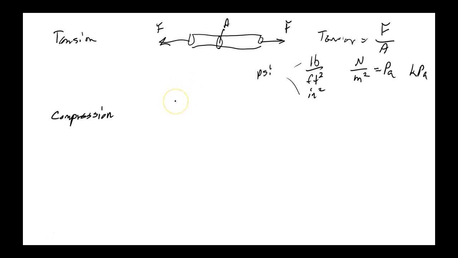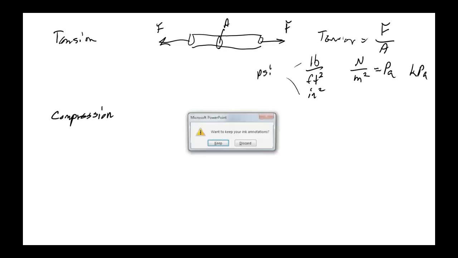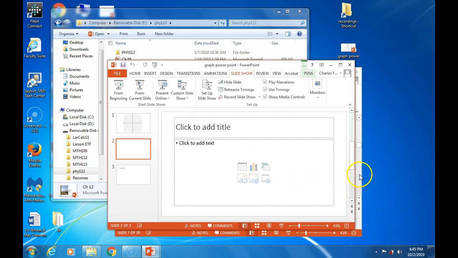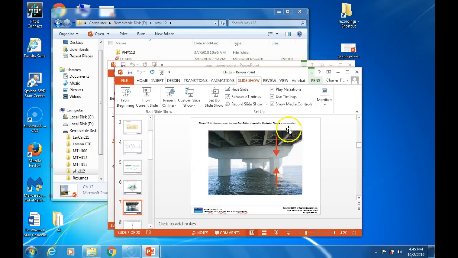So this would be, and I'm going to leave this slide now to go to the other, and this shows a compression.